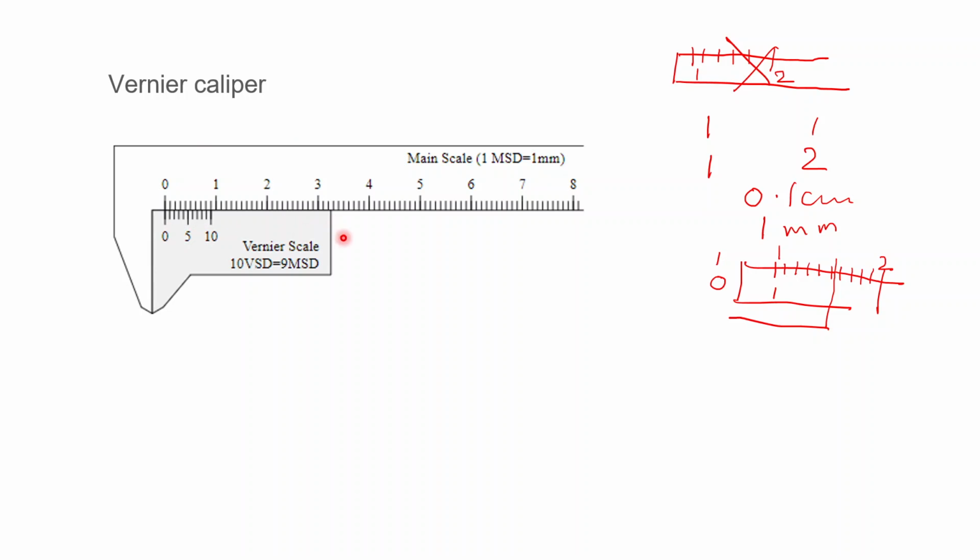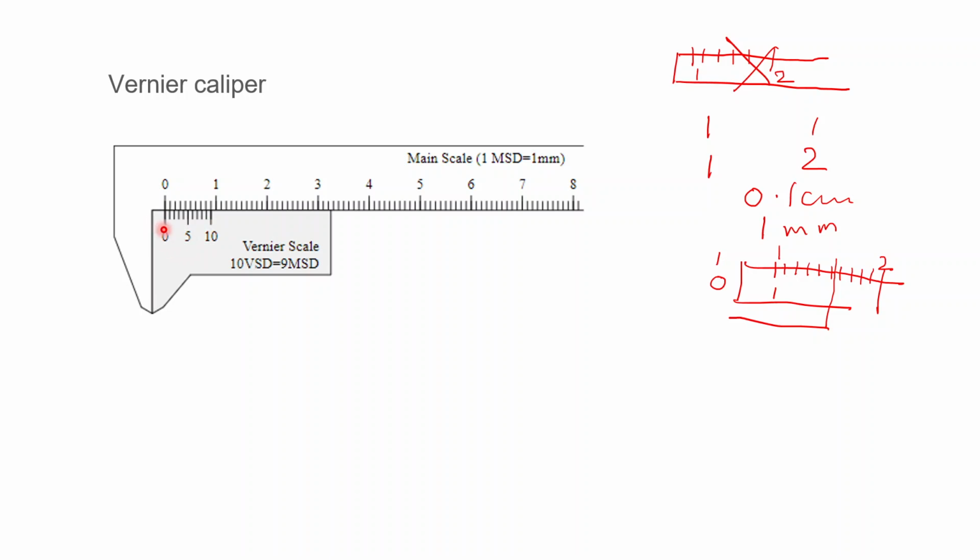Whereas there is one more part attached to it, that is called the vernier scale. It may vary for different vernier calipers; usually the least count, we'll calculate and then I'll tell you. On this vernier scale, there are again 10 divisions.